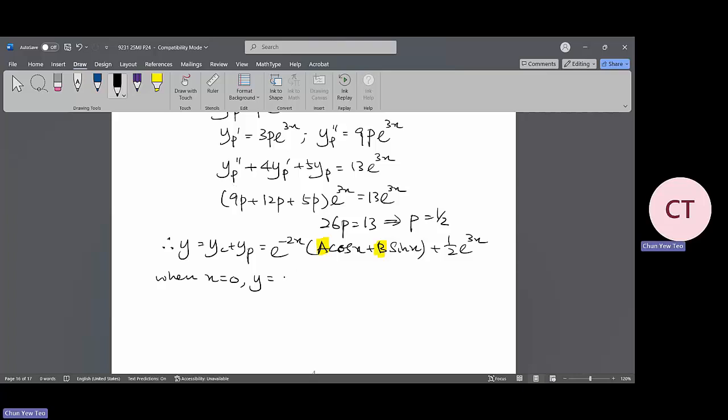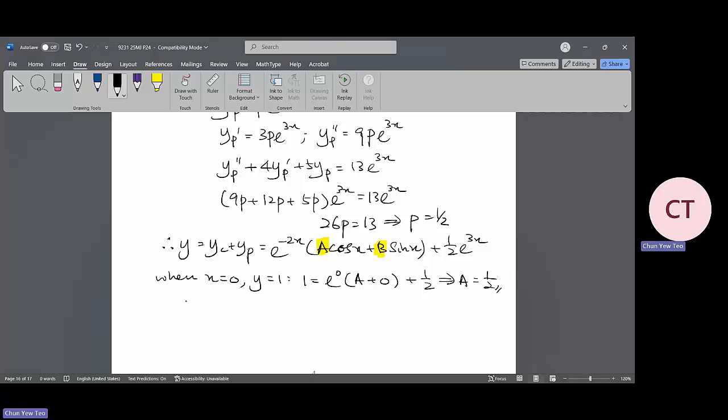So you will be having y is 1. So you get 1 is equal to e power 0, A plus 0, plus a half. That will give you A is equal to a half.